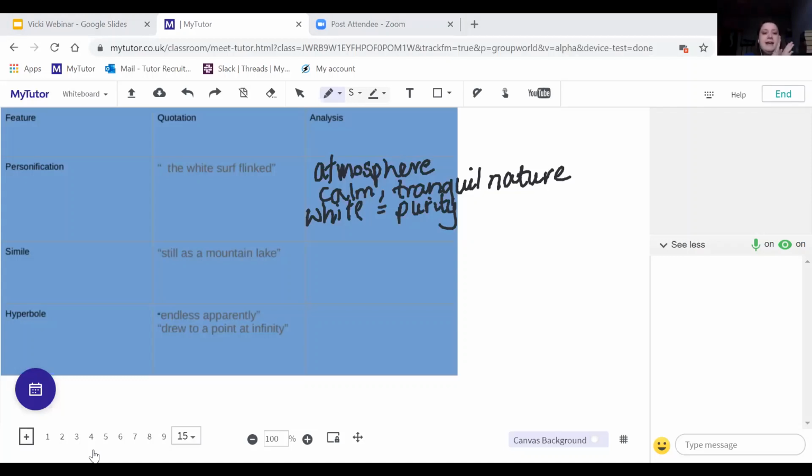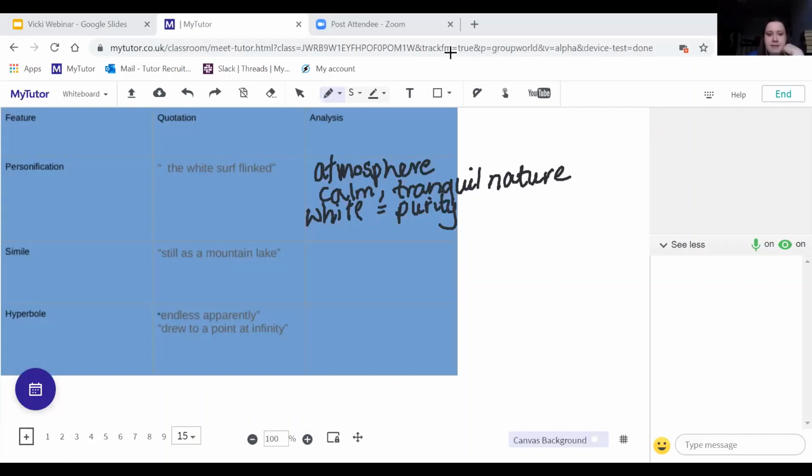Okay, similarly, still as a mountain lake. In terms of still, we could also say that's personification. Now, as a mountain lake, how is that different to the sea? What might that infer? Yeah, sense of calm, connotations of beauty in the mountains.